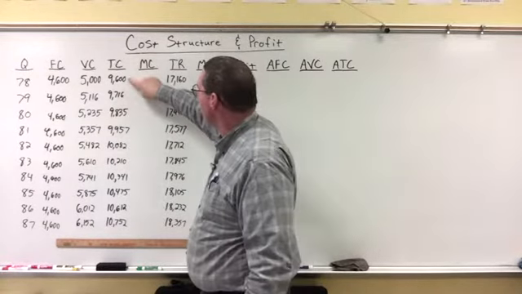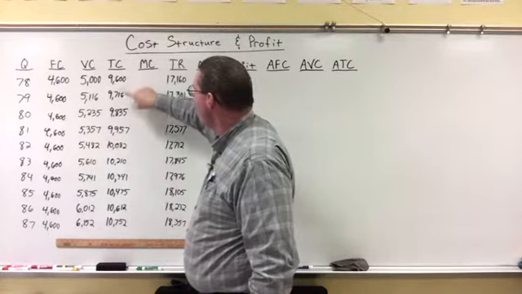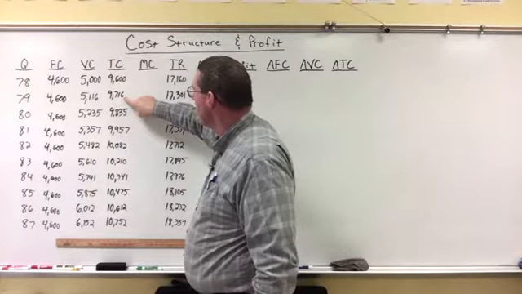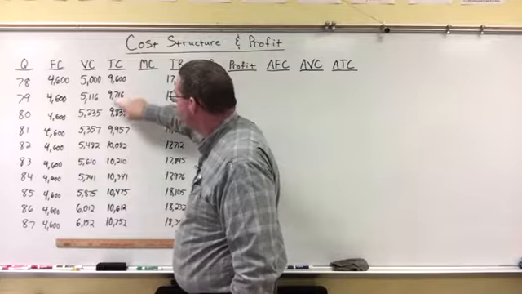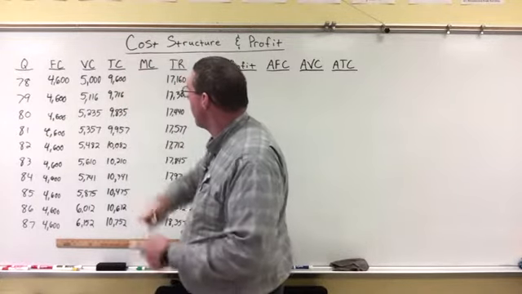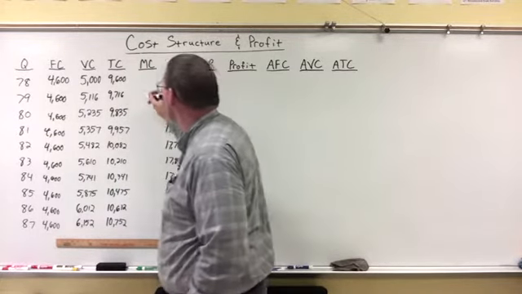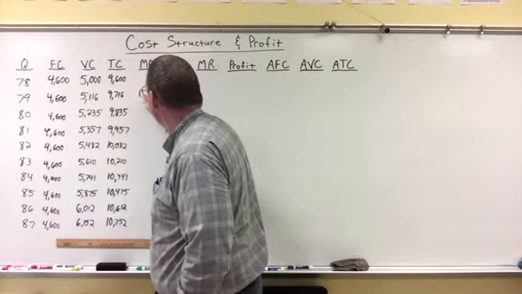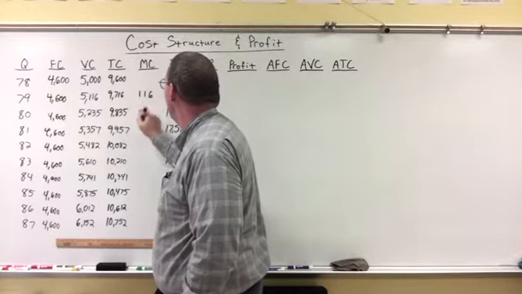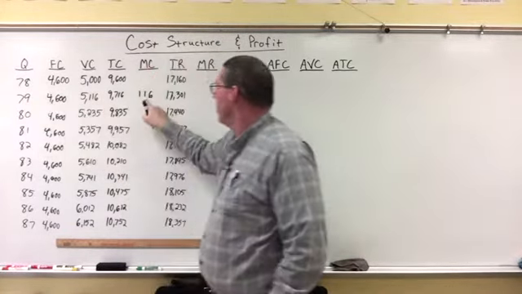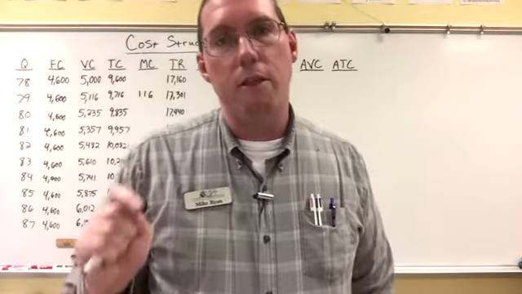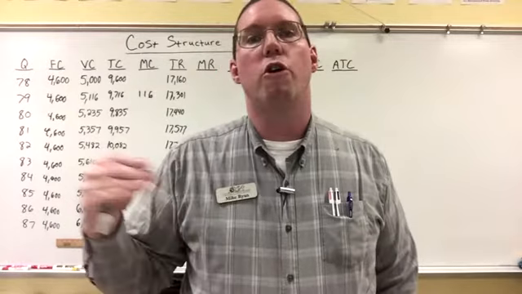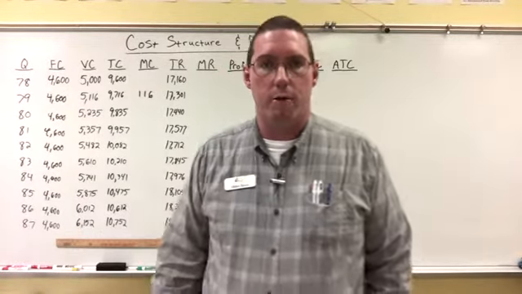Well, it's going from 9,600 up to 9,716. So how much did cost go up by? Well, you can find that out by subtracting. 9,716 minus 9,600 is 116. So marginal cost, the marginal cost of the 79th unit is $116. If you produce a 79th unit, your costs will go up by $116.